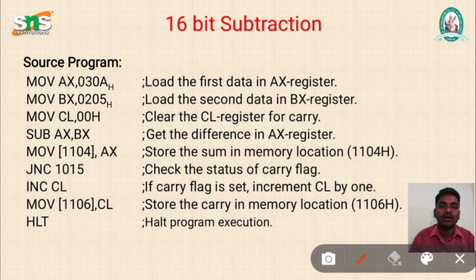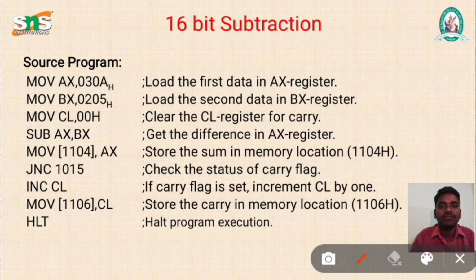If the starting address is 2000, 3000, 4000 or 2500, 600, whatever it may be, according to that starting address we provide the particular output address here. So the next step, JNC 1015.